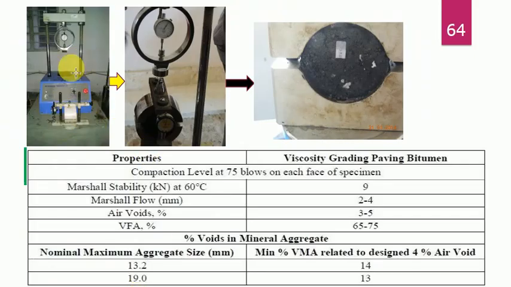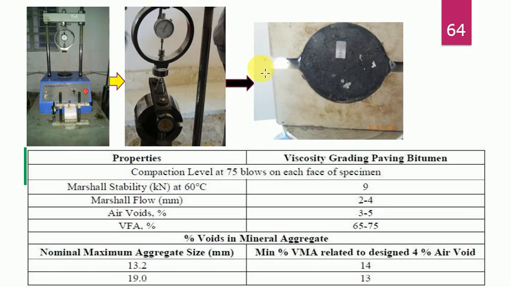So this is the Marshall test setup, where you put the specimen in the mold and a certain load is applied. Here you calculate the load value, that is, how much load it can carry before cracking occurs. The Marshall stability test is conducted on a compacted cylindrical specimen of, say, diameter 101.6 millimeter and thickness 63.5 millimeter.